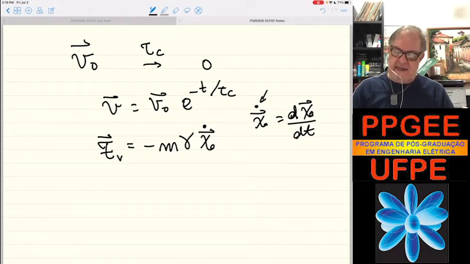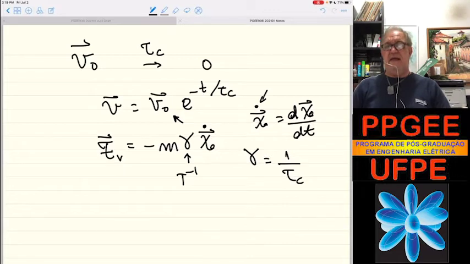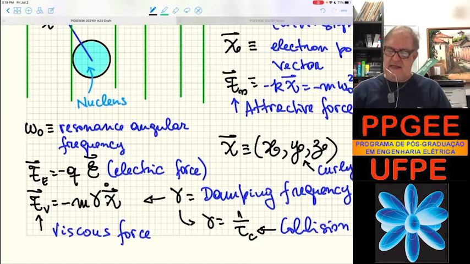So this implies that this damping frequency, which has a dimension of t to the minus 1, is the inverse of the collision time we spoke about in our Drude model for the conductivity, right? So in addition to the elastic force, which is proportional to the displacement and pulls the electron back, we also have this viscous force, which means losses proportional to the velocity.